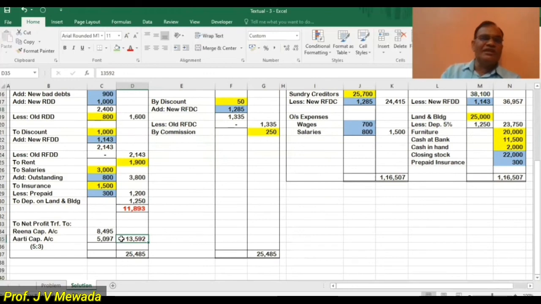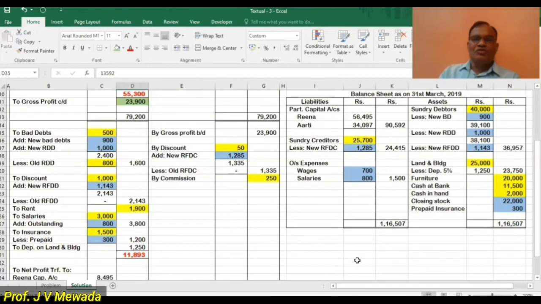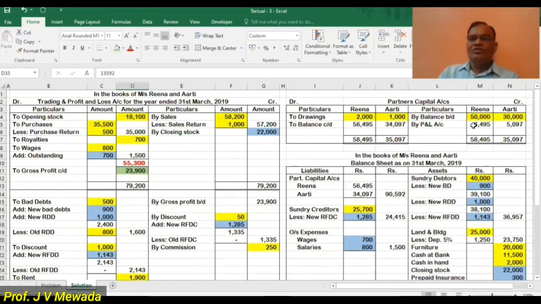So net profit is 13,592, which we are transferring to capital account of Reena and Aarti in the ratio of 5:3. So we'll transfer to the capital account. So 8495 for Reena and for Aarti 5097. Now we'll close this capital account.